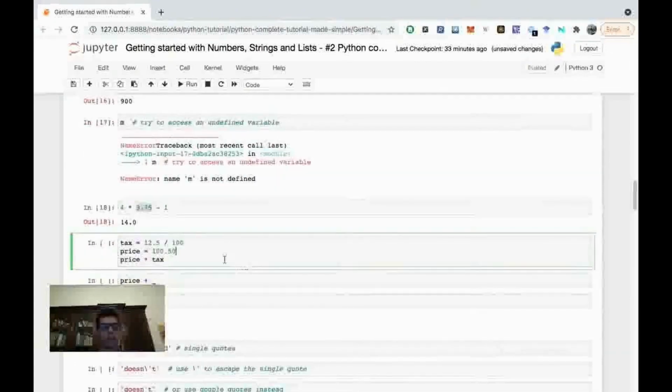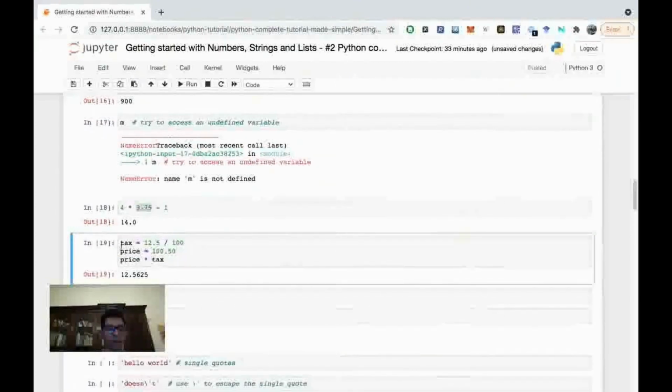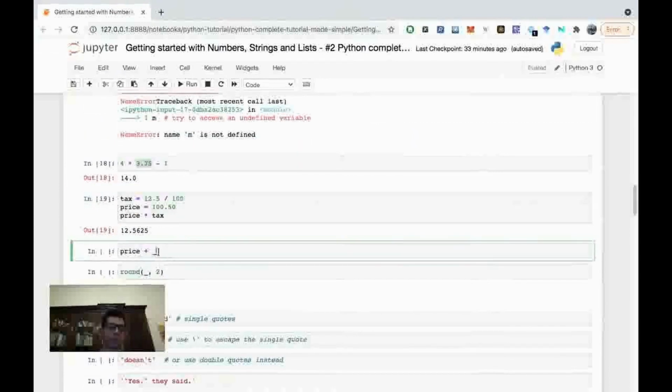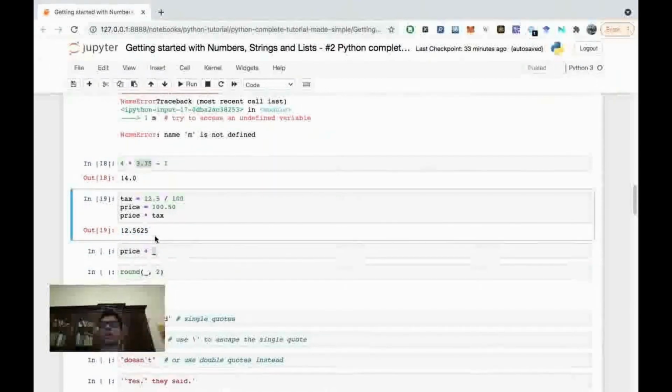Here we can do a little operation with tax. Tax is like 12%. The price is this one. So the price with the tax on the price is 12 dot blah blah blah. And here there is a very nice functionality in Python. It's this underscore. This underscore is the last value stored in Python.